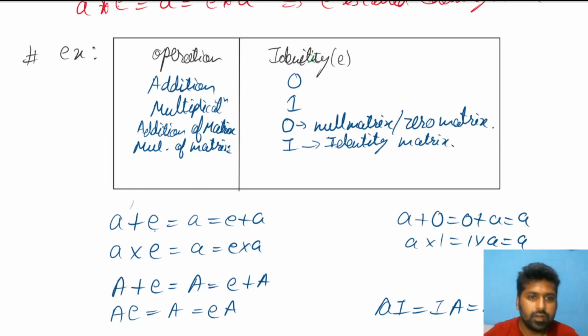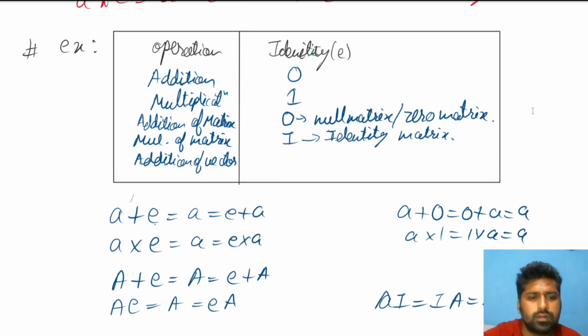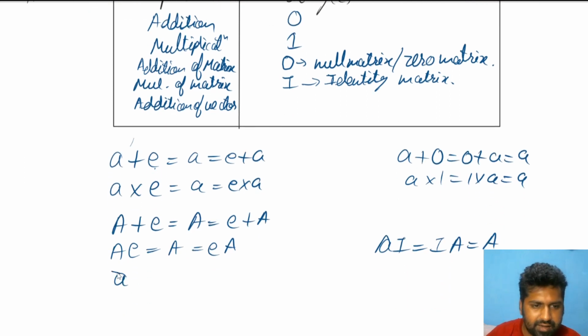Okay, we can get this in terms of vectors also, like for addition of vectors, what should be the identity element? So for vector, pretty much it is same, a vector plus some e vector should be same a vector and should be e plus a vector.